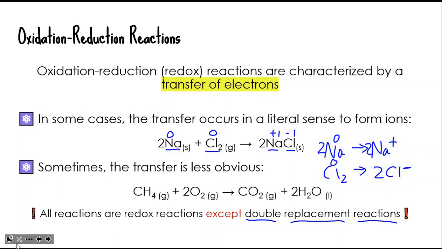So there aren't any charge changes. All the other types, single replacement, decomposition, synthesis, combustion, all involve a change in electrons. Neutralization is a type of double replacement, so not neutralization.